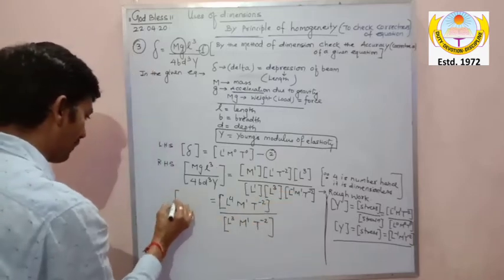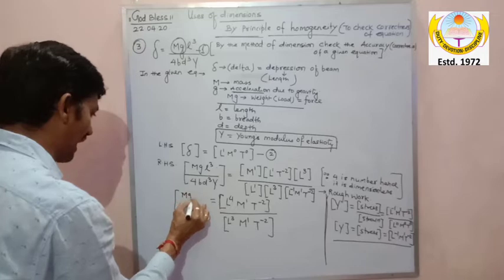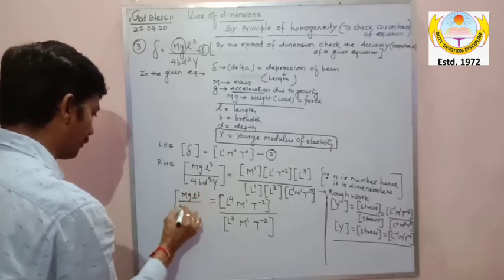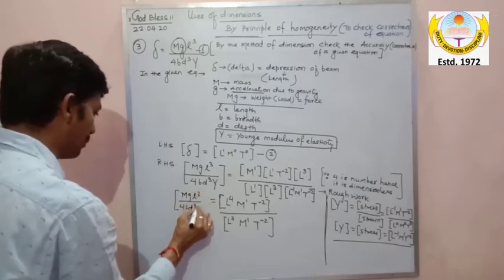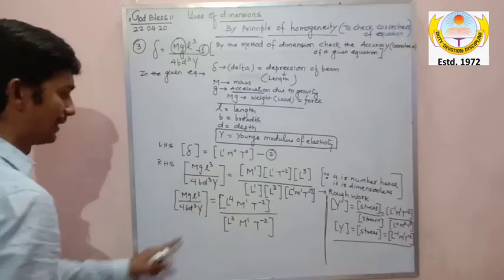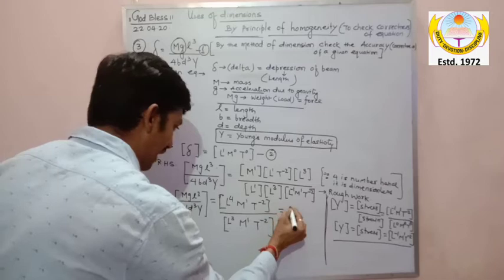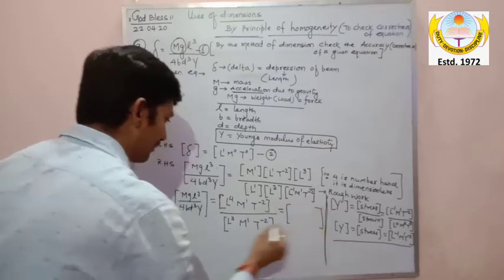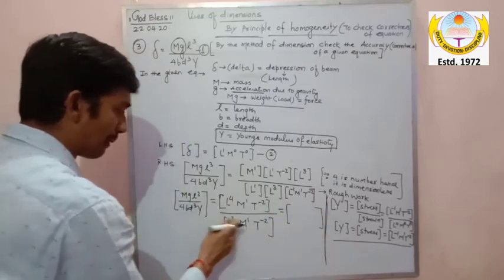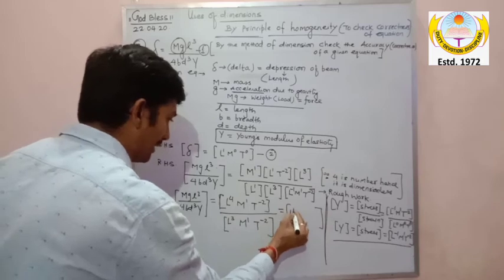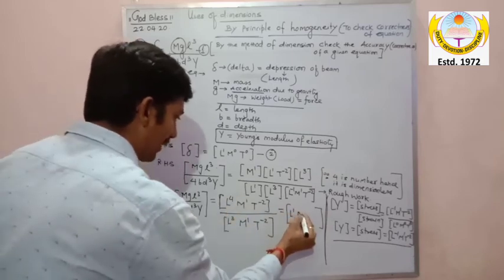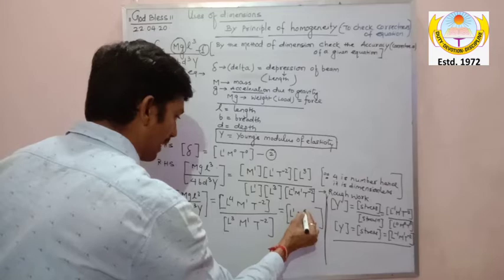This will be the dimension of mgl cubed divided by 4bd cubed y, where y is Young's modulus. I have substituted here in rough form. Now what is the dimension overall when I calculate? This is L power 4, this is L power 3. The answer will be L power 1, 4 minus 3. M power 1 divided by M power 1 gives M power 0.